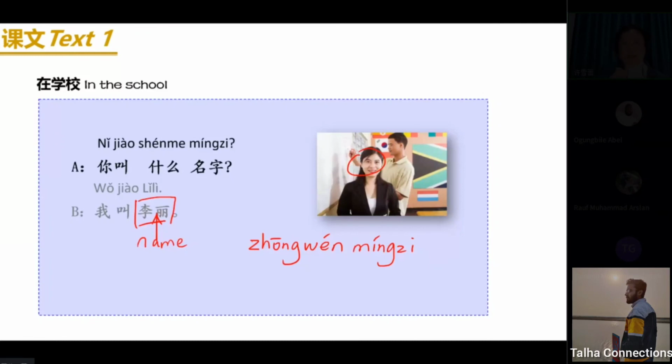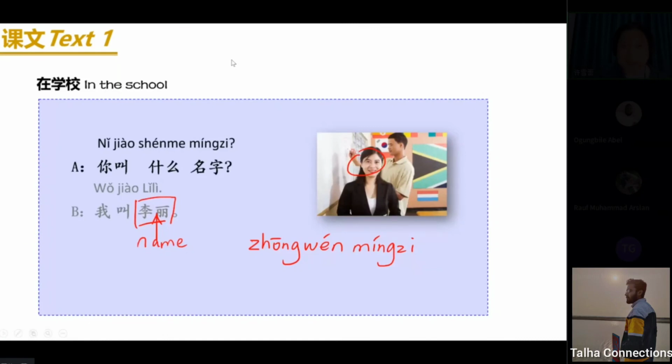So use 你好 and 你叫什么名字 to start your conversation with someone. Okay, read after me.